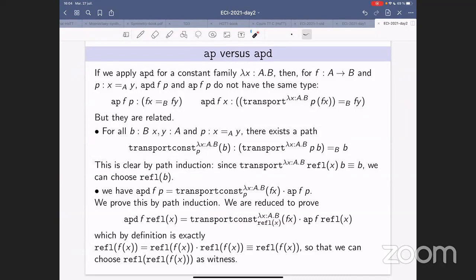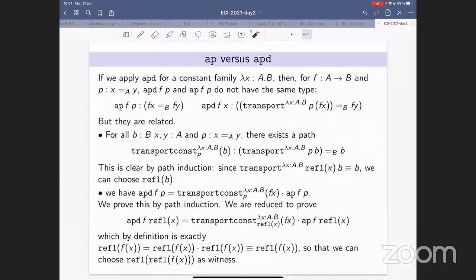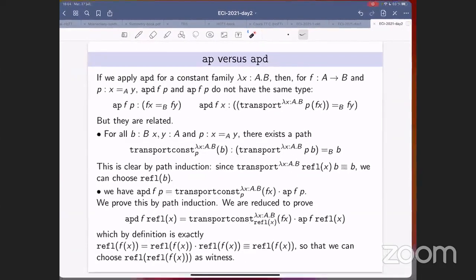My p is from x to y. F takes x and y to Fx and Fy. And app F p should be a proof of a path from Fx to Fy. We defined it by induction, and it has this type.